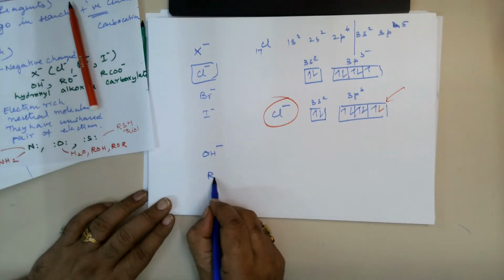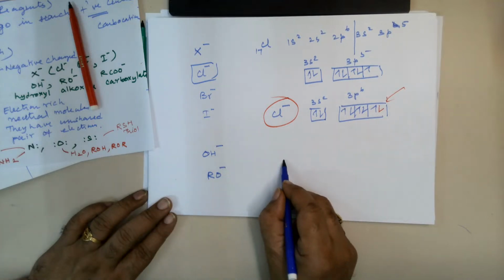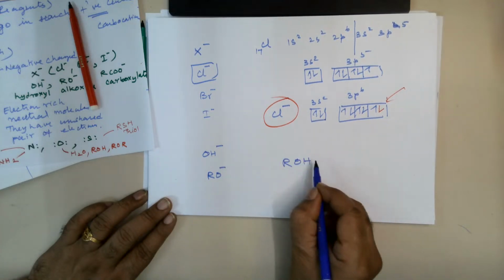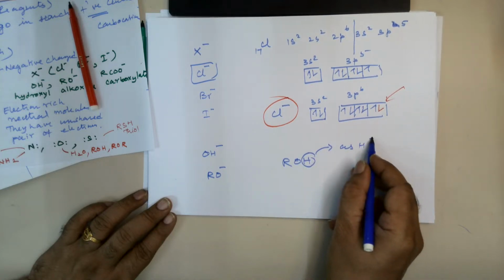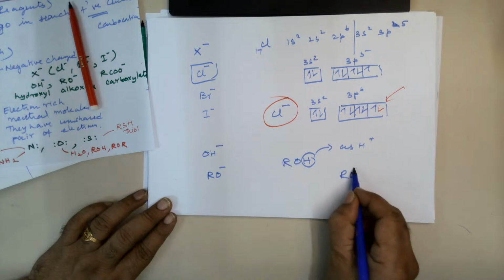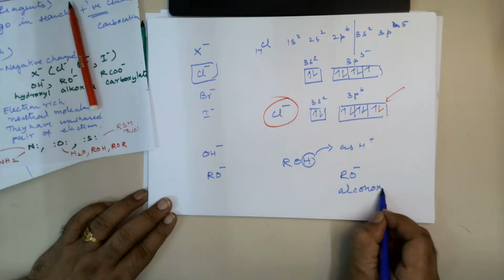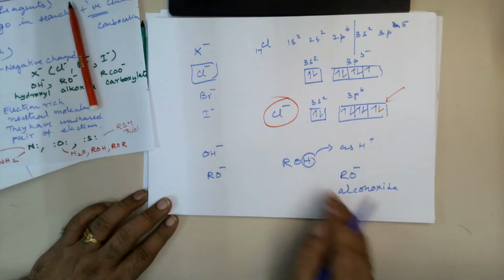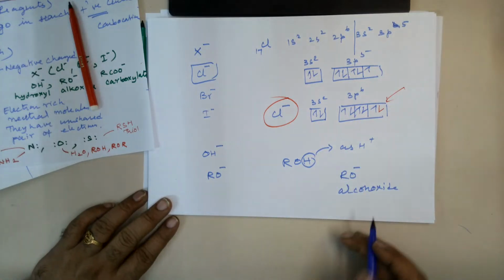Okay, similarly OH minus is a nucleophile. Alkoxide means RO minus. You've got alcohol ROH. When you remove one hydrogen as H plus, then definitely it becomes RO minus. So this is called alkoxide. Okay, it is derived from alcohol by removing one proton. So it becomes RO minus, alkoxide.